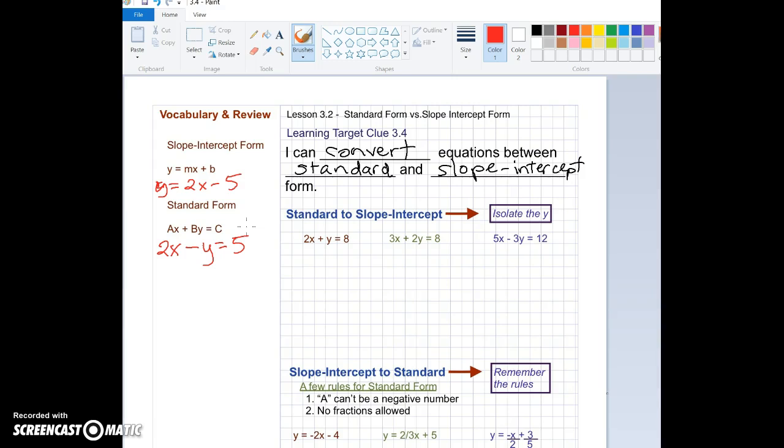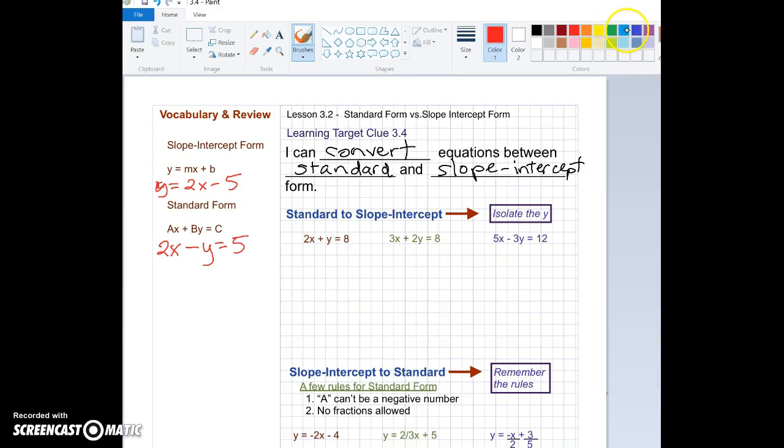All right, well now we want to be able to convert back and forth. Maybe we have standard form and we want to turn it into slope-intercept form, or we have slope-intercept form and we want to turn it into standard form. Let's do some so that you can see how to do that. Now, if we know the form for slope-intercept, then we just have to get our equation to look like that form.